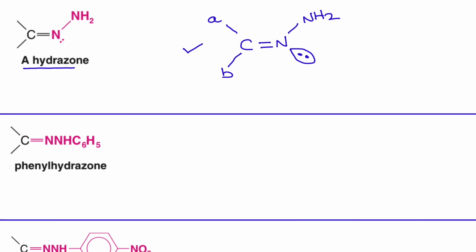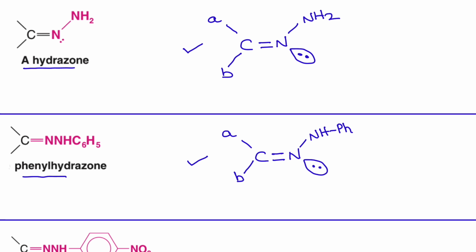And the next one, phenyl hydrazone. In case of phenyl hydrazone, this is a C double bond N. This nitrogen is having NH-Ph, another one is lone pair. If the groups attached to carbon are different, then geometrical isomerism is possible.